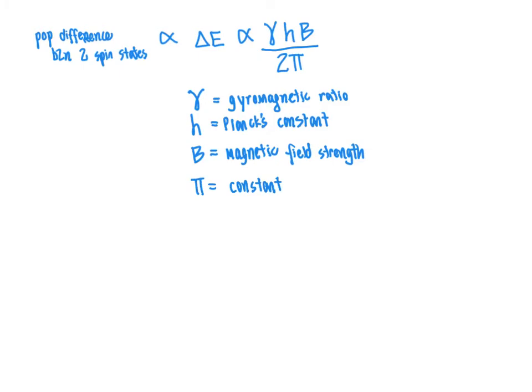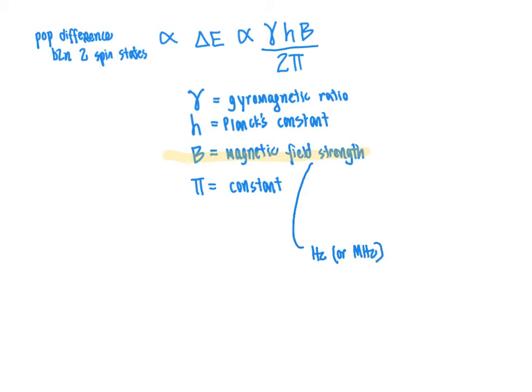So what we're left with here as the only value that we can manipulate to ultimately impact and change that delta E value out of this entire equation is our B value there, our magnetic field strength. Magnetic field strength is measured in units of hertz or megahertz, megahertz being a million hertz.